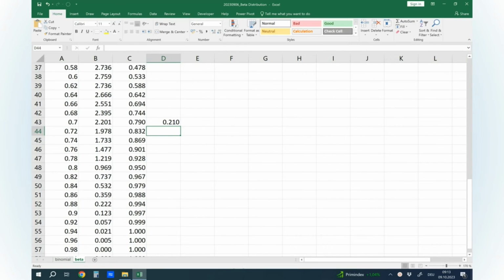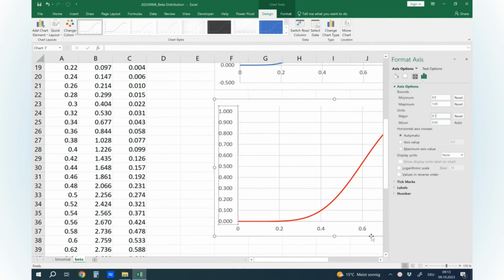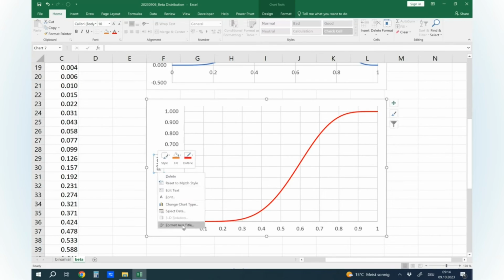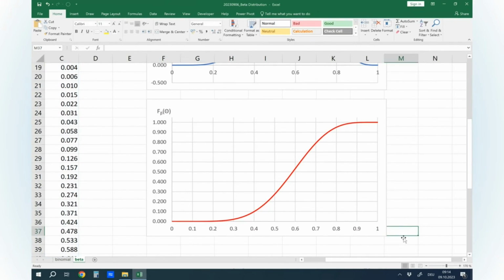Obviously, I can also chart the cumulative distribution function, which I will do real quick. And we will get back to it in just a moment.